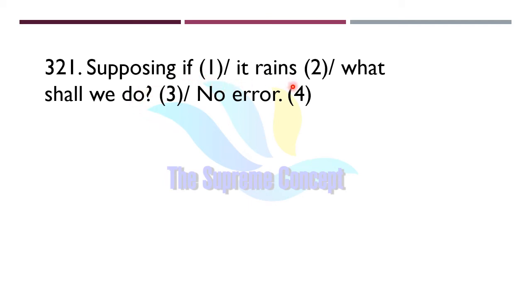Supposing if it rains, what shall we do? Now find out what is the correct answer to this question. Yes. Yeah, so here option number 1 is the correct answer, because error lies in part number 1. Okay, so here we will use supposing that, not supposing if.